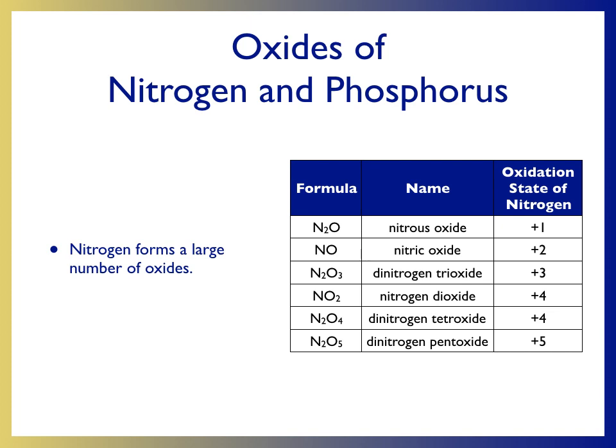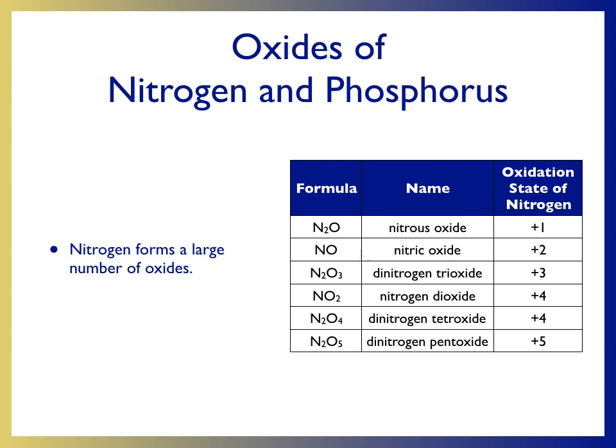There's N2O, or nitrous oxide, which has nitrogen in the +1 oxidation state. There's nitric oxide, which is NO, which has nitrogen in the +2 oxidation state. N2O3, dinitrogen trioxide, has nitrogen in the +3 oxidation state. Nitrogen dioxide and dinitrogen tetroxide each have nitrogen in the +4 oxidation state. And N2O5, dinitrogen pentoxide, has nitrogen in the +5 oxidation state.